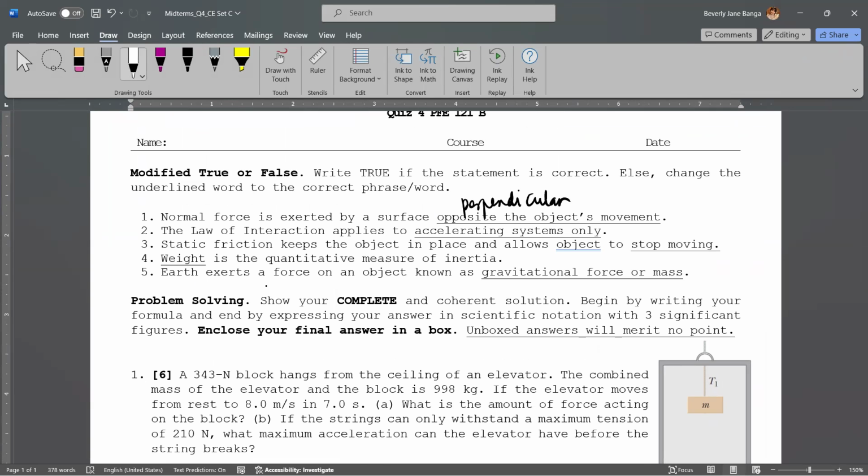Then, the law of interaction applies to both accelerating and inertial, okay? Both inertial and accelerating. Static friction keeps the object in place and allows the object to start moving. Weight is the quantitative measure, not mass. Earth exerts a force known as gravitational force, or weight.